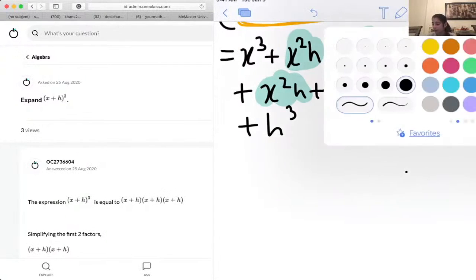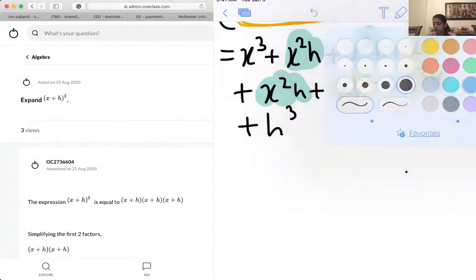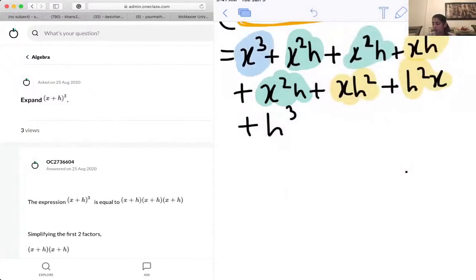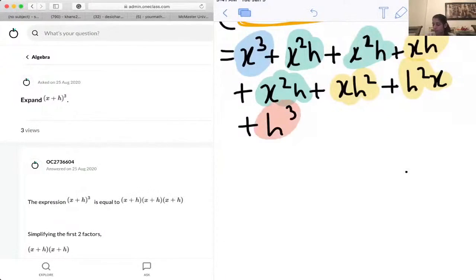Then with a different color, I'll highlight the next set of terms, so xh squared, and then the ones that are just there by themselves. And finally, just write it all down, kind of like summarize them.